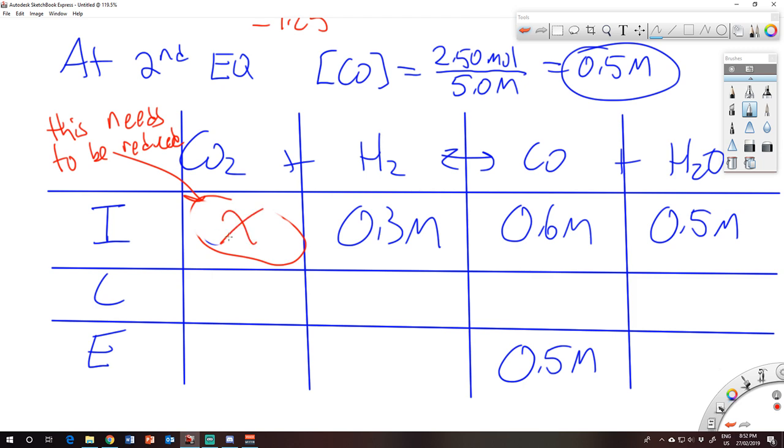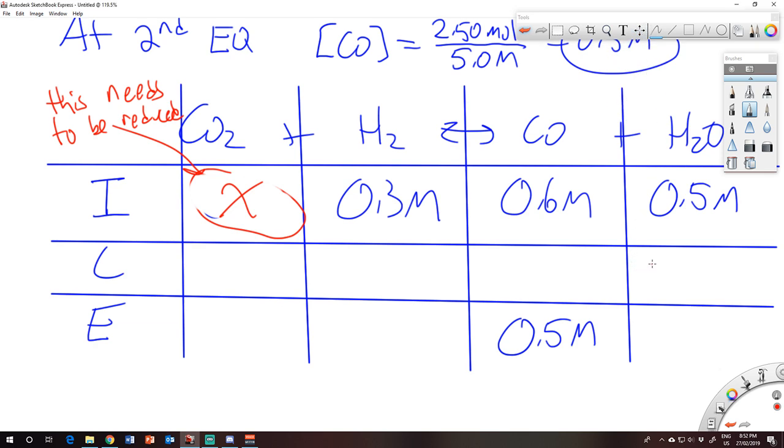I should write this as X, so we want to reduce it to some number X. If I want to remove some of this, I don't know how much, so I'll leave that as X. But I do know that at the end I want my CO concentration to go down, so I can put down a minus Y here, because I want to force this to get smaller. So that's my change. Now I can put the following: this is going to change by Y.